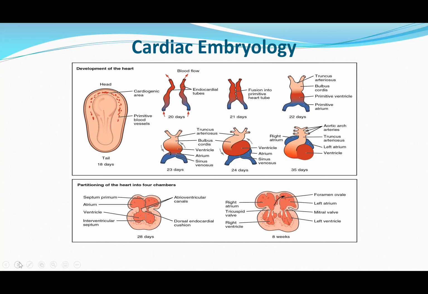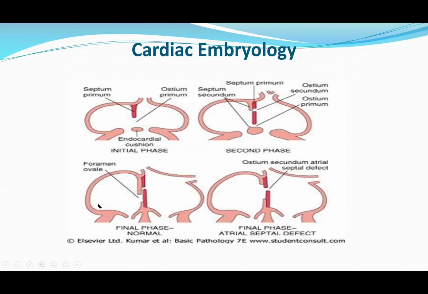So back to embryology. During septation, there's a membrane that grows from top called septum primum. It grows from top down. Then another one will grow, a secundum septum will grow next to it and come down.